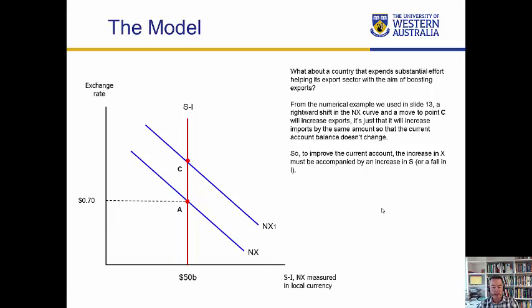However, the only way for this country to substantially improve its net trade performance, or its current account, is that this increase in net exports must be accompanied by either an increase in savings, which shifts that vertical line to the right, or a reduction in investment, which shifts that line to the right.